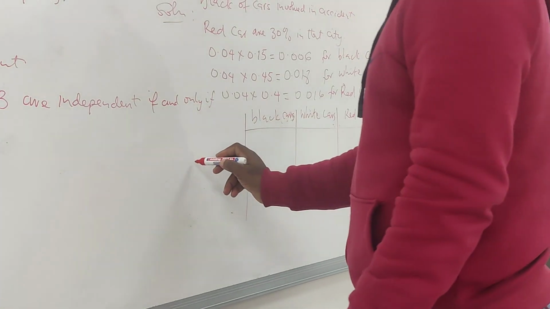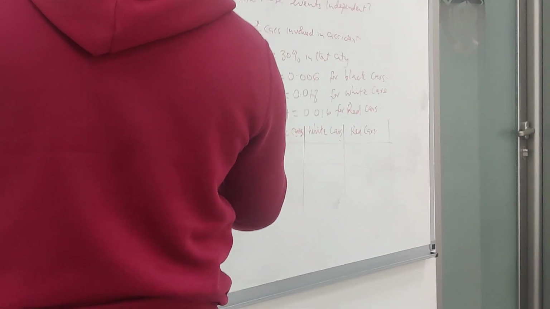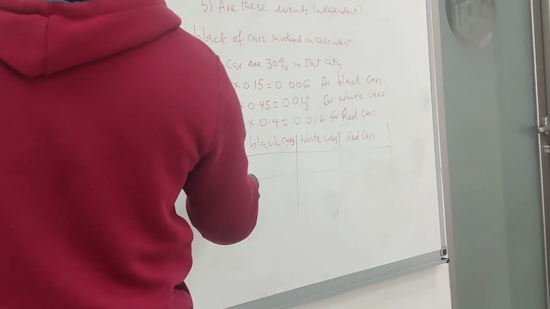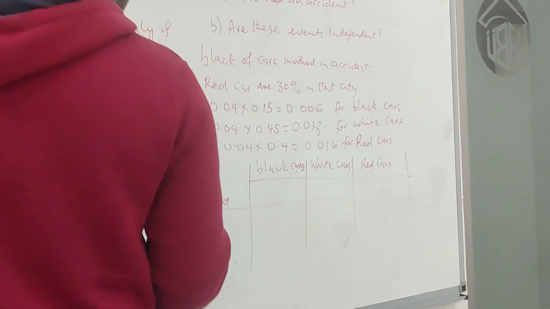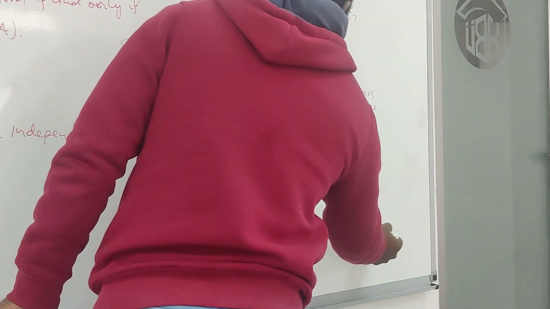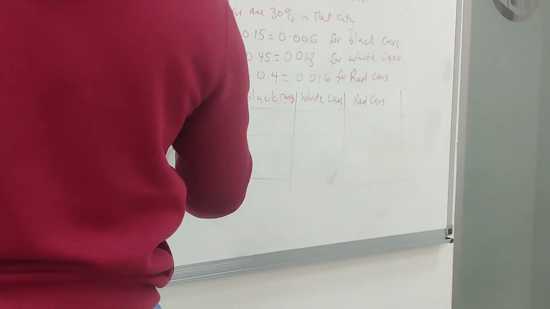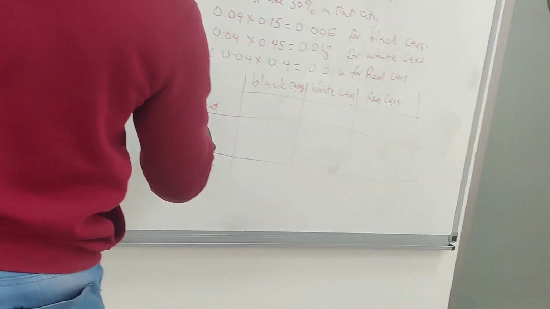Also, on our left, we have cars that are involved in accidents. And the next row will be for cars that are not involved in accidents. So I will take that as non-accident.